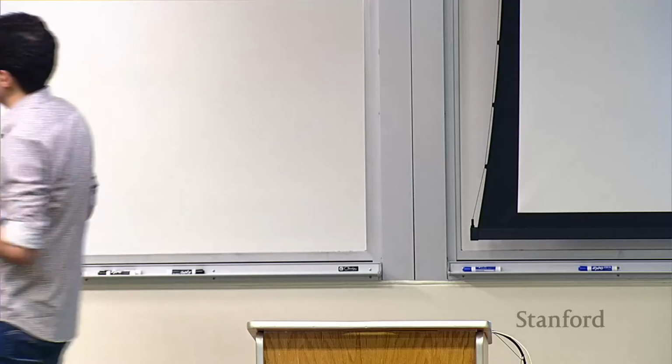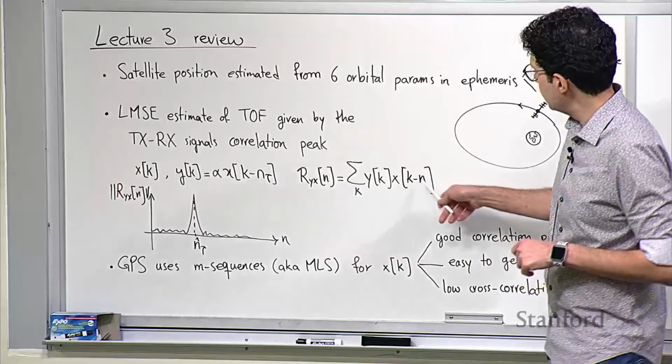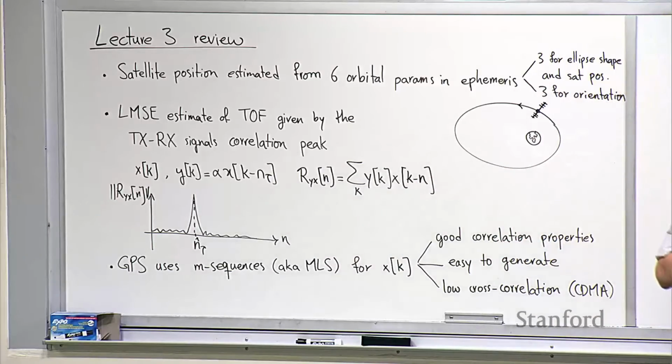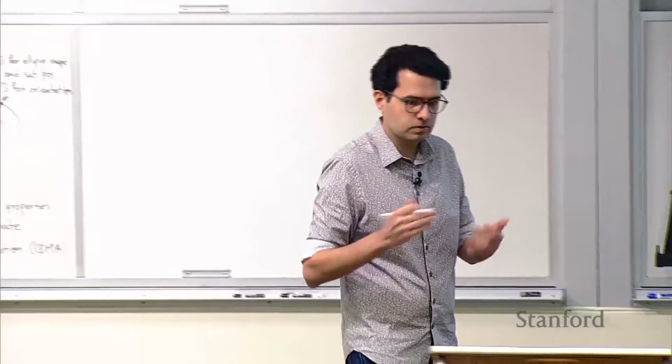The other one was the fact that the receiver clock is never perfectly synchronized with the GPS clock. So there's some extra shift just due to the receiver clock offset that also needs to be compensated for, and that's what we call tau sub d. Because of that, the receiver doesn't recover the physical range. It recovers what we call the pseudo range.